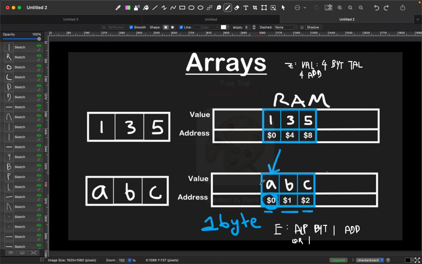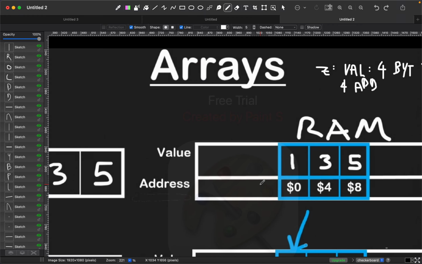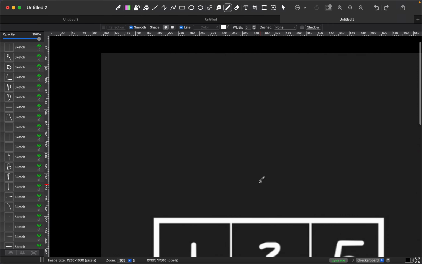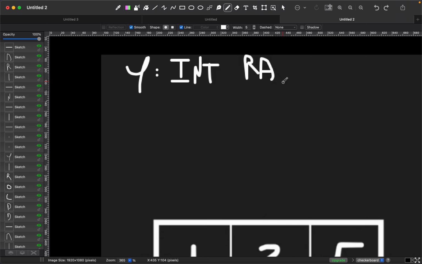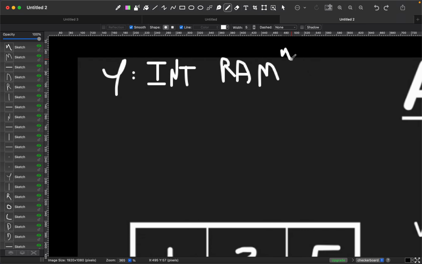I think they are just trying to tell us how we have some form of interaction between the RAM and obviously the values that's been given to us.